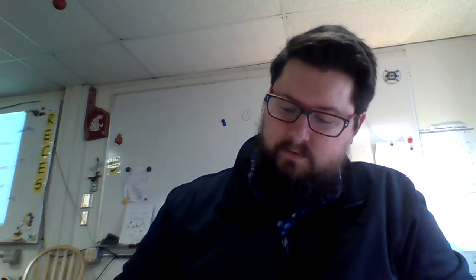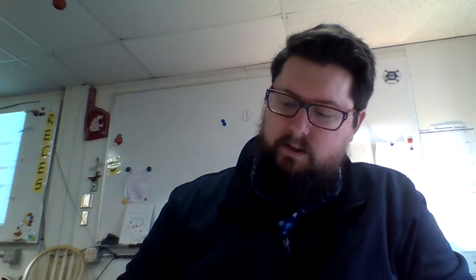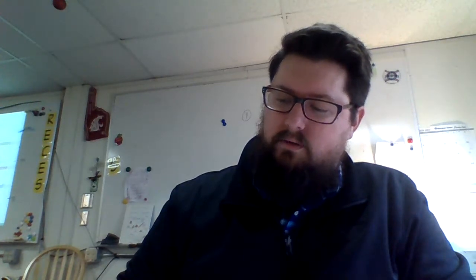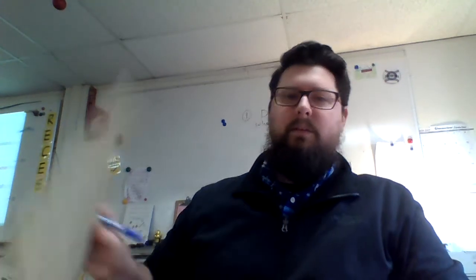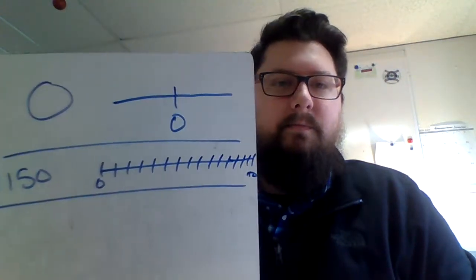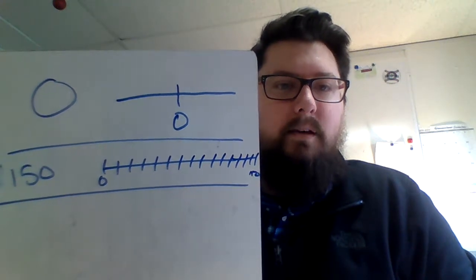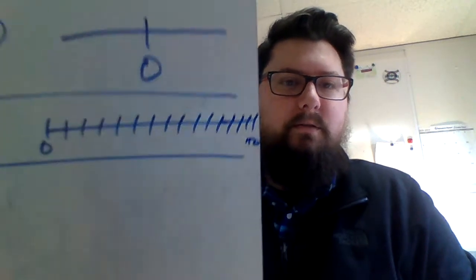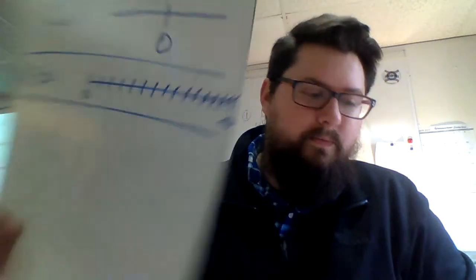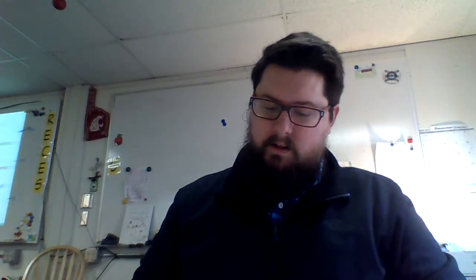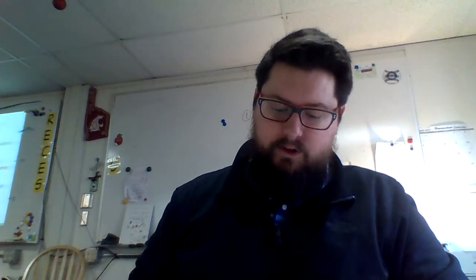So I want to count it by 10s. 10, 20, 30, 40, 50, 60, 70, 80, 90, 100, 110, 120, 130, 140, 150. And you could just show your number line scaled by 10s from 0 to 150. Perfect.